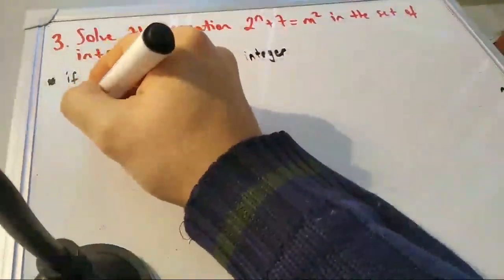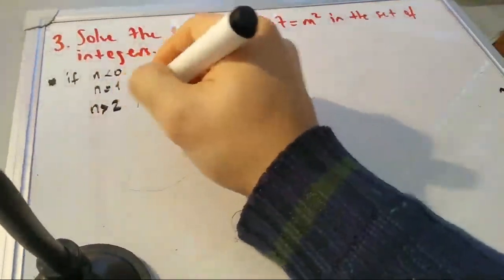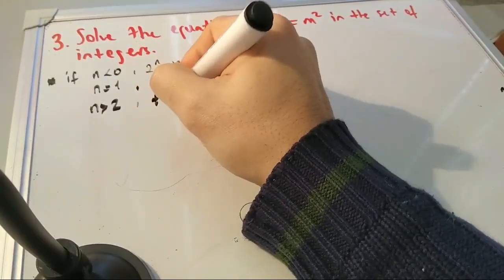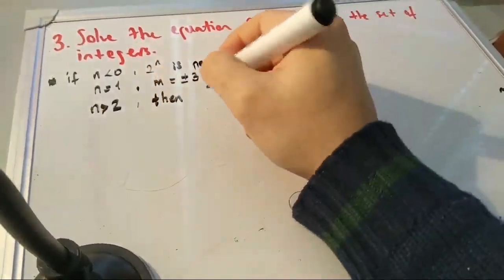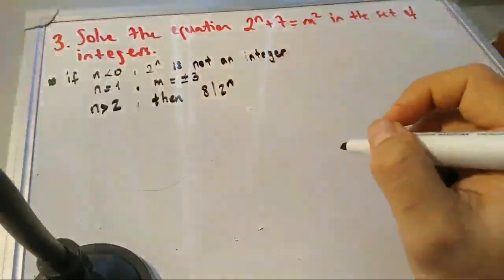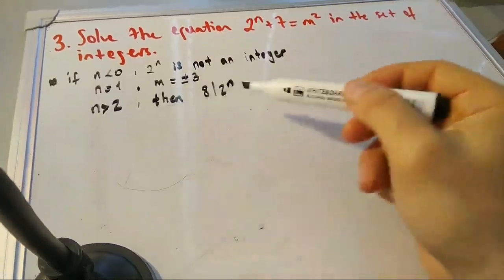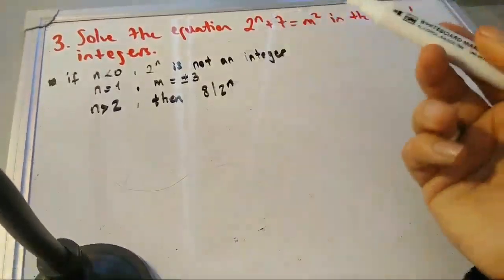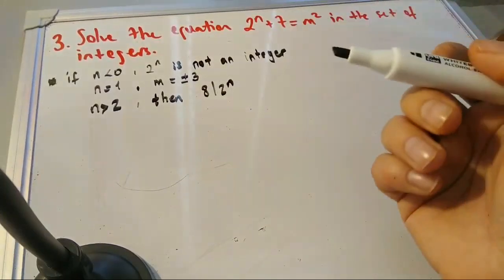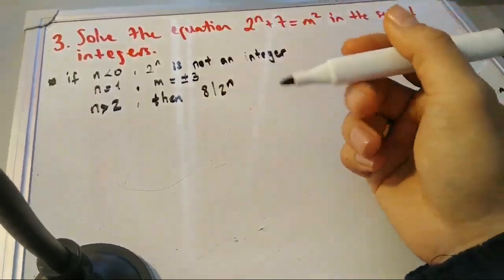For n greater than 2, 8 divides 2 to the power of n, right? For example, n is 3, 2 to the power of 3, n is 4, 2 to the power of 4. For all n greater than 2, 2 to the power of n is divisible by 8. Okay.